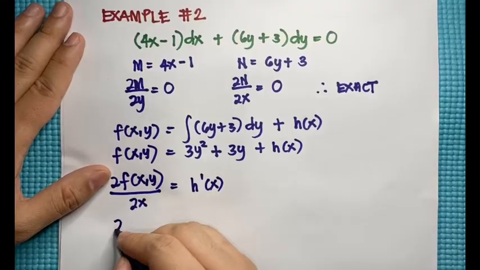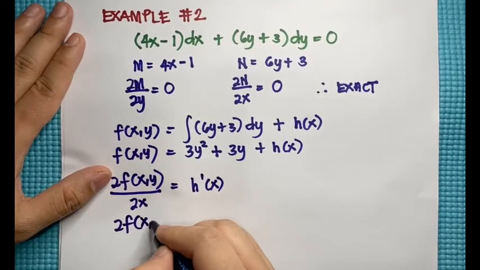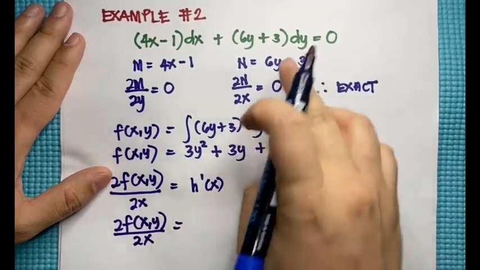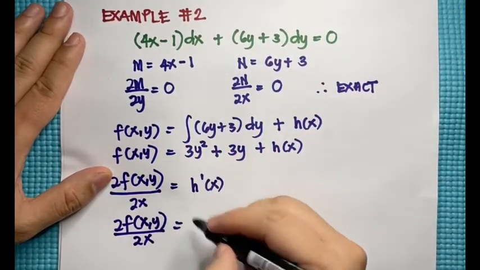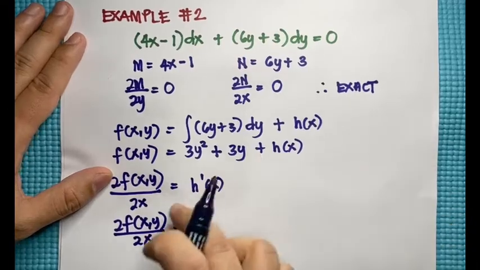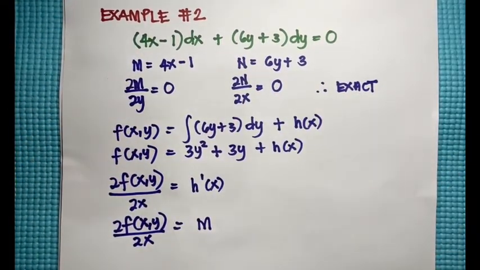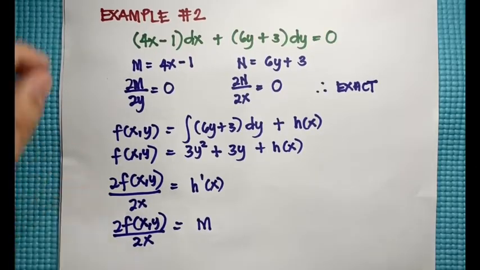And from there, we are going to equate the partial derivative of f of xy with respect to x. Since we've used n already, we are going to equate it to the other one, which is m.